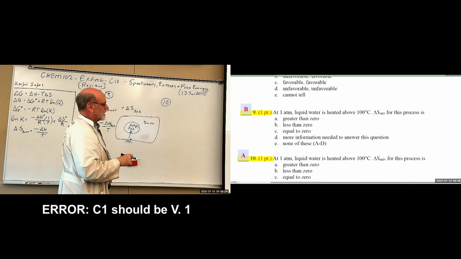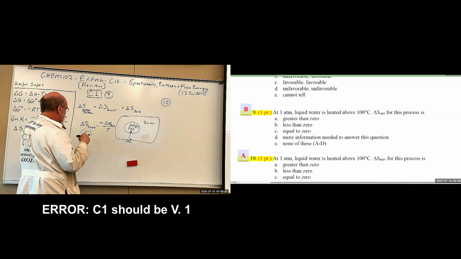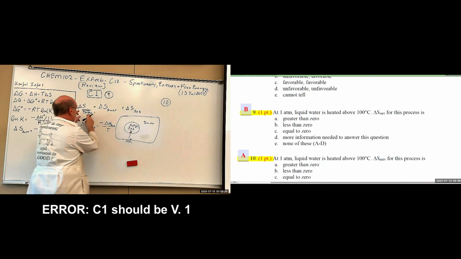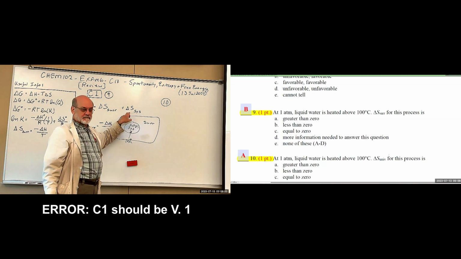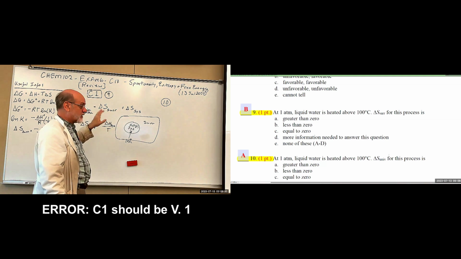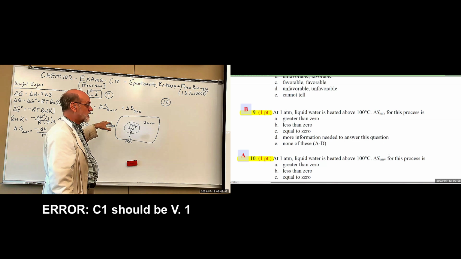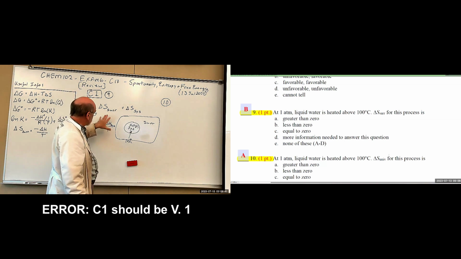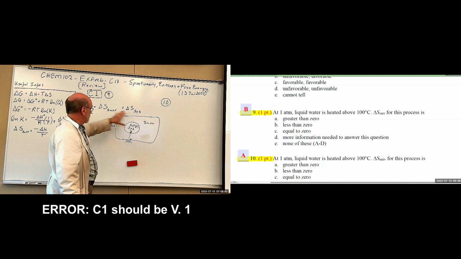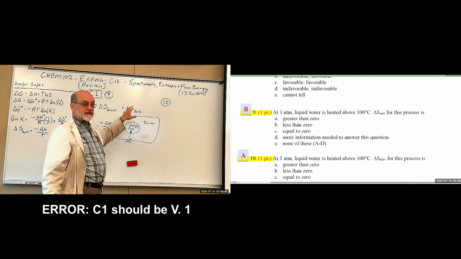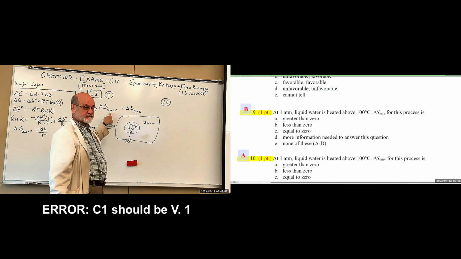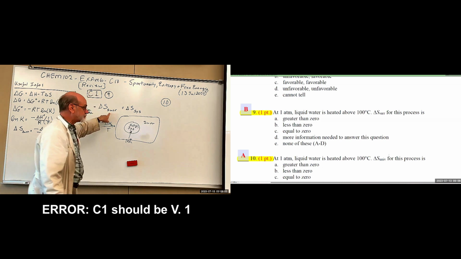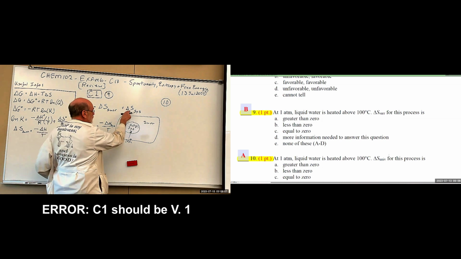All right, so if we're at equilibrium, then this value would be 0, because that would have to equal that. Okay, but we're saying that at 100 degrees and 1 atmosphere of pressure, we're actually increasing the temperature for the system. And that means the entropy of the system is increasing above what the surroundings is losing. So that means this is going to be greater.